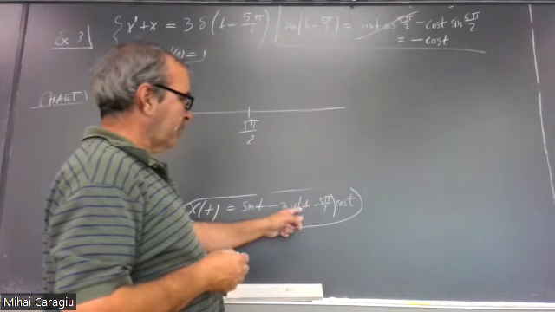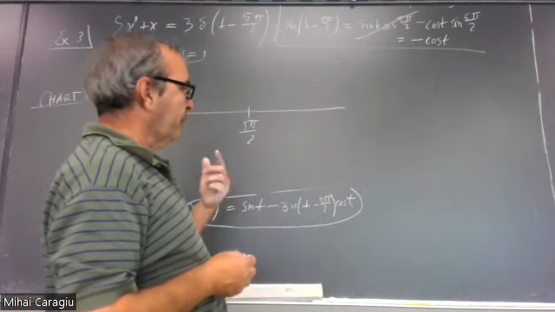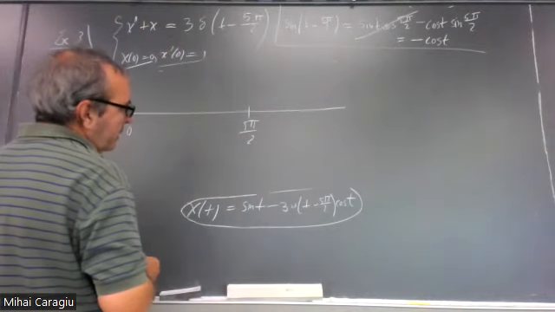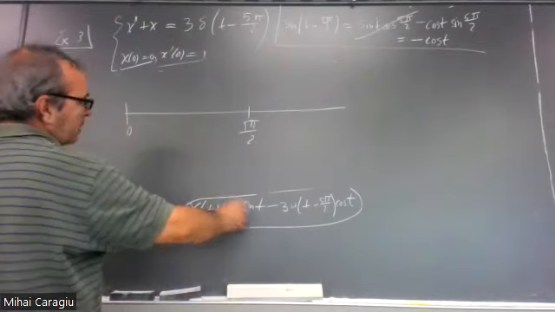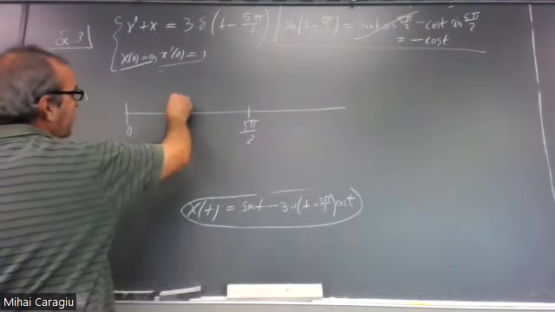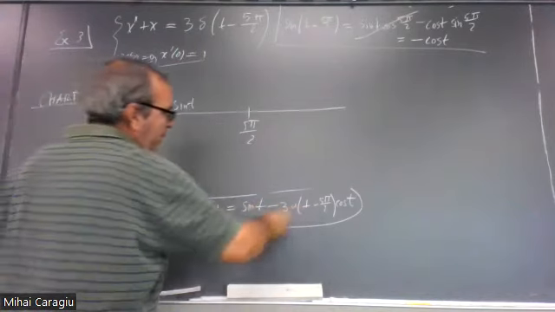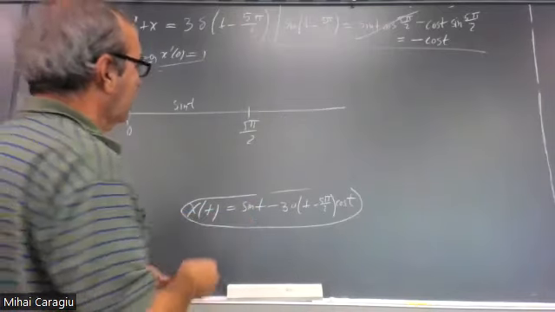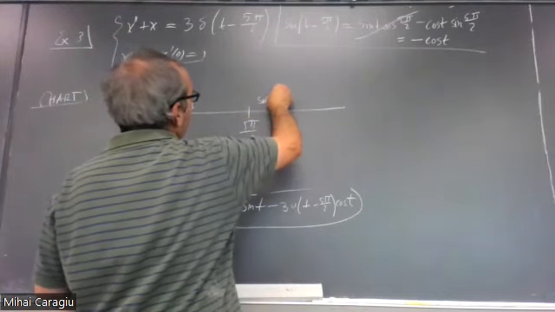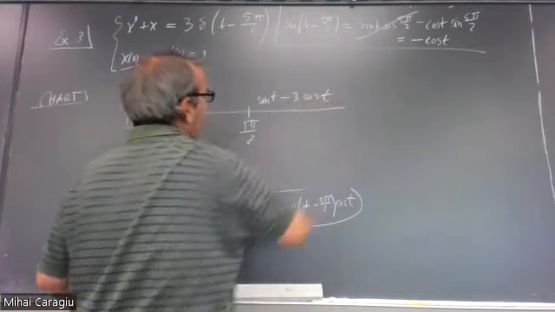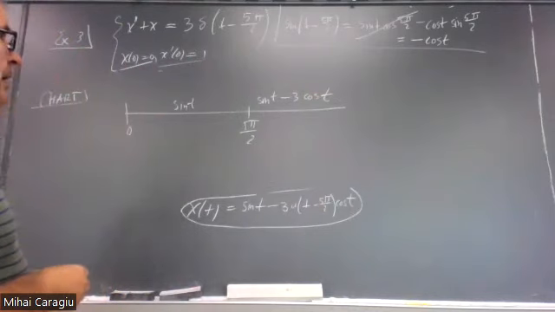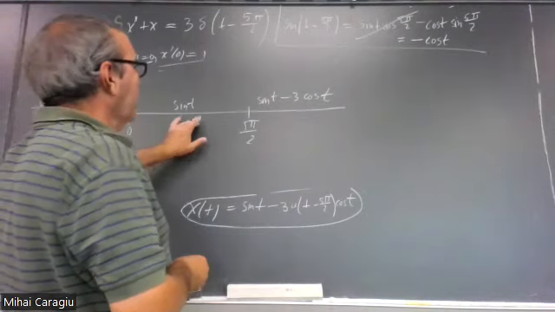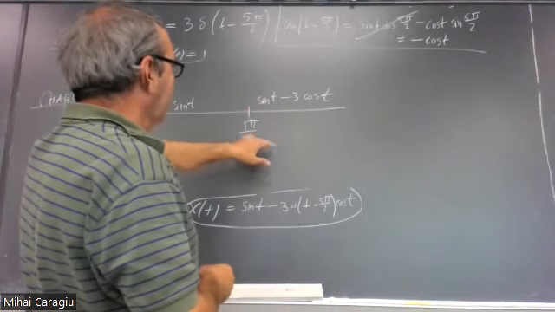So this function, the unit step function of t minus 5 pi over 2, jumps from 0 before 5 pi over 2 to 1 after 5 pi over 2. So here is sine t, because no jump happened yet. After the moment of the jump, we get sine t minus 3 cos t. So sine t if t is smaller than 5 pi over 2, and sine t minus 3 cos t if t is greater than 5 pi over 2.